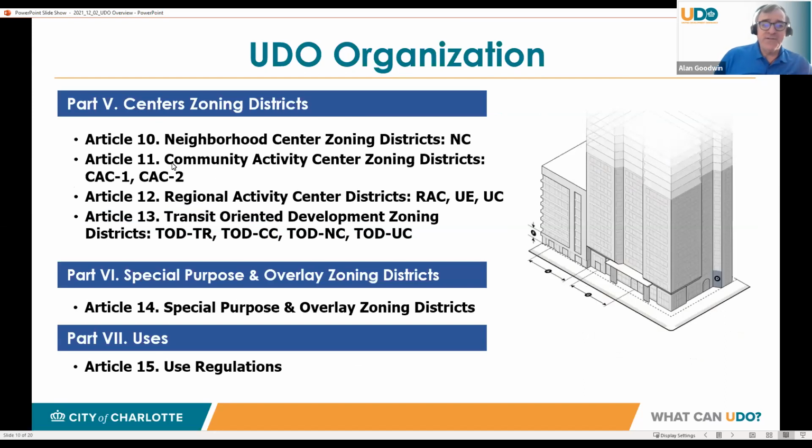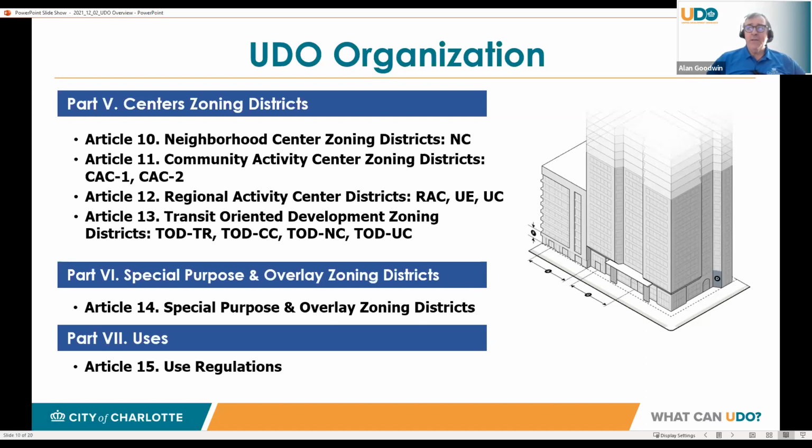Part 5 has our centers zoning districts. These are our main activity centers that will be mapped through the policy mapping process. Articles 10, 11, 12, and 13 cover the neighborhood center districts, the community activity center districts, the regional activity centers, and our transit-oriented development areas.